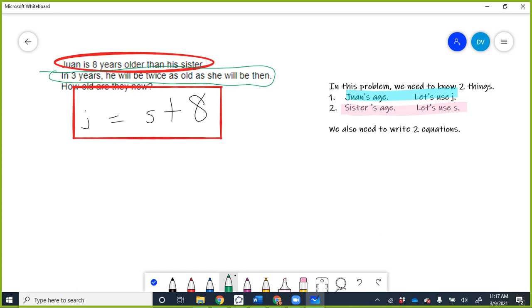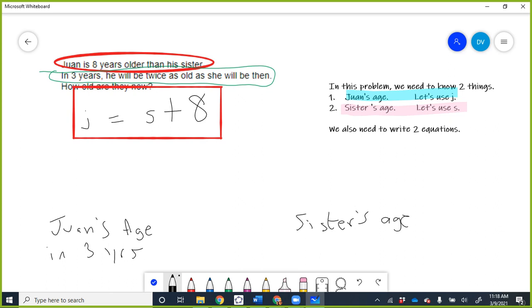So what we need to write down before we do anything else is Juan's age in 3 years and his sister's age in 3 years. I'm going to write the words. We're going to erase the words in a minute, but Juan's age in 3 years and his sister's age in 3 years.